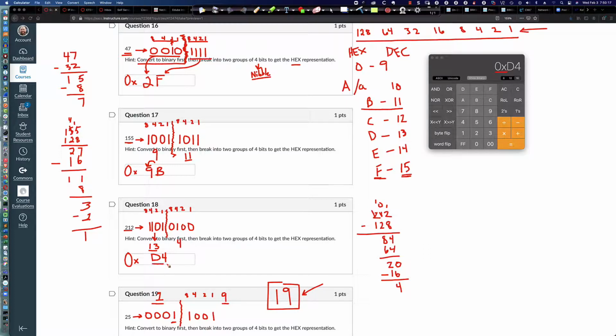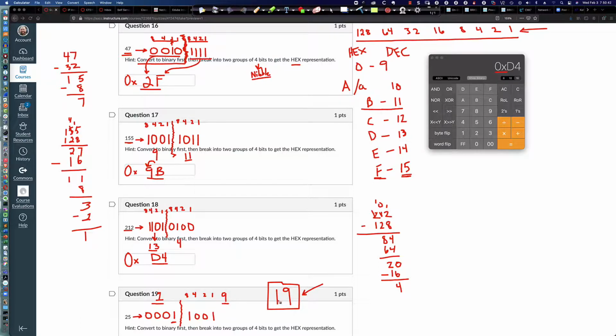So here, D4, you could probably look at that and say, yeah, that's hexadecimal. 9B, well, there's a B in there, so yeah, that's hexadecimal. 2F, okay, that's hexadecimal. But 19, if you're in the habit of not writing the 0x and you simply write 19, you could be causing a huge problem for yourself.